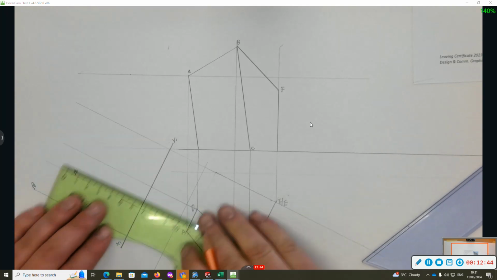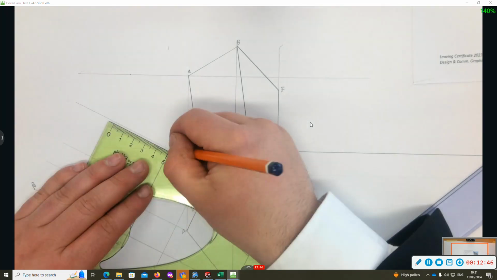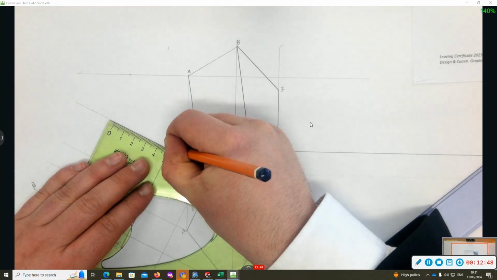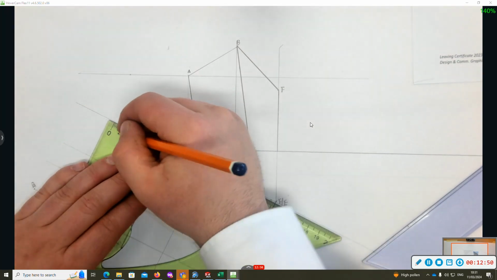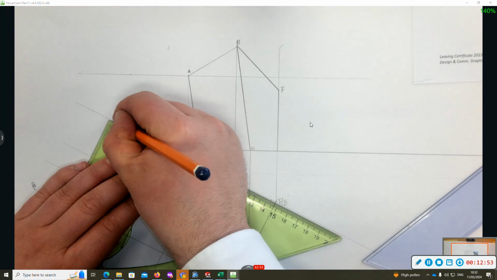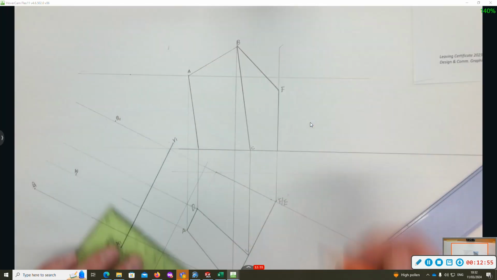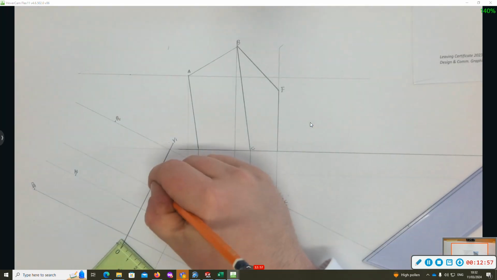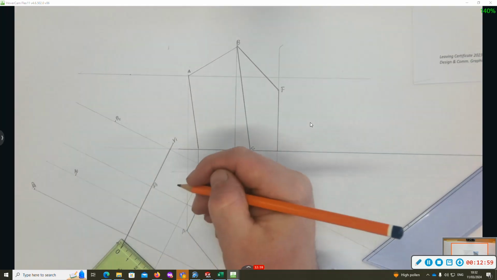B1. I know F has an altitude of 50. So I'm going to mark in 50 there. Now, D, I know is on the X1 Y1 line, the XY line in elevation.